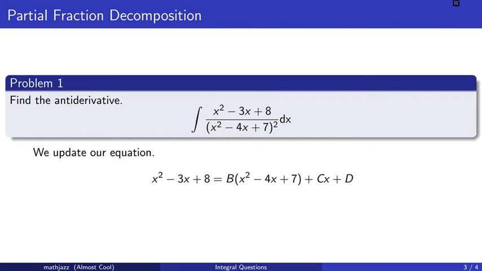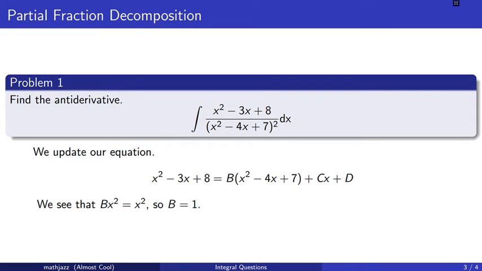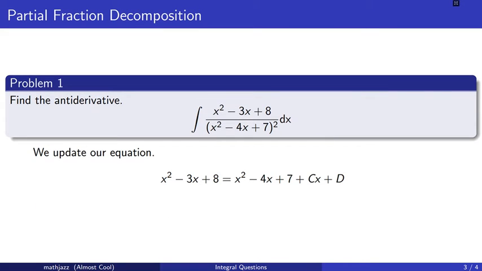From here, we get to keep going. We notice that b is the only constant on the right-hand side of the expression that gets multiplied by x squared. So bx squared must equal the x squared term on the left-hand side of the equation, so b must be 1. Again, we can update our equation to take that into account.